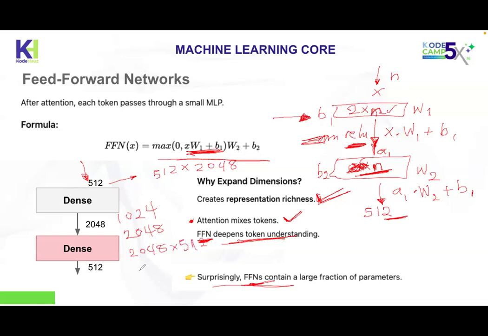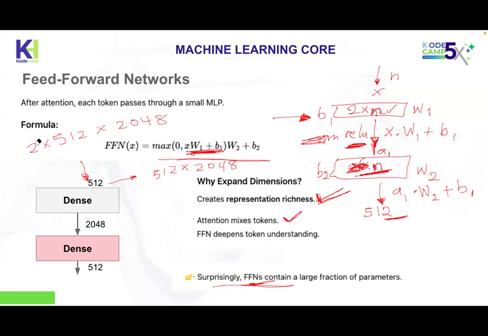So effectively it's 2 times 5112 times 2048. That's the total number of parameters you will have in this feed-forward network. So that's a feed-forward network.